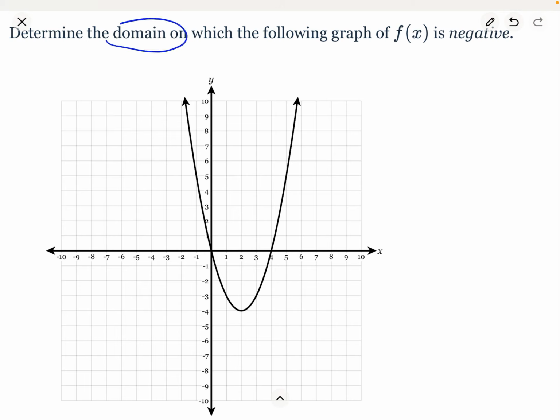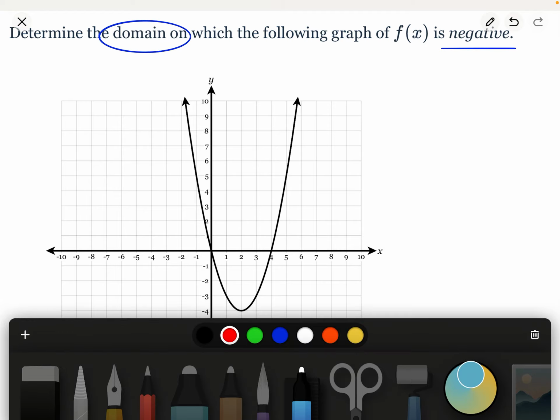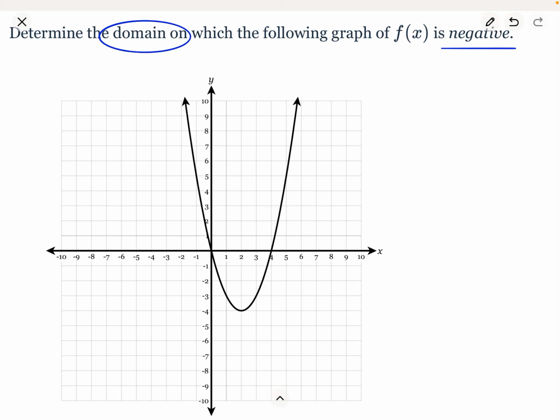Now this one is saying, where is the domain of this function negative? So again, domain and interval are both saying we need x values. Again, the very first thing we should do is find where the graph crosses the x-axis. It crosses the x-axis right here, this point right there, and then it also crosses the x-axis right here at 4.